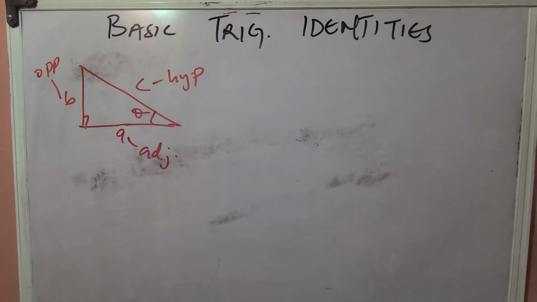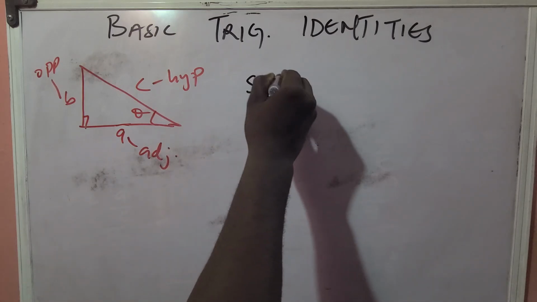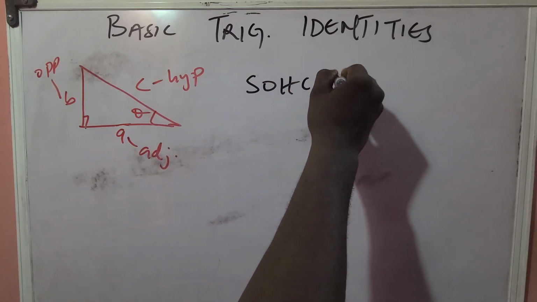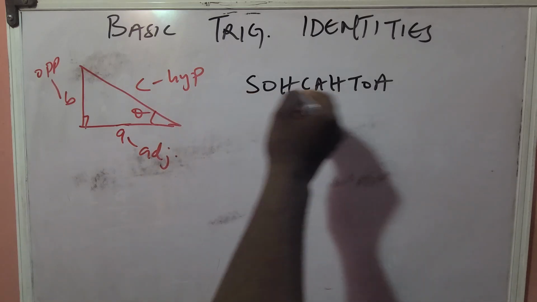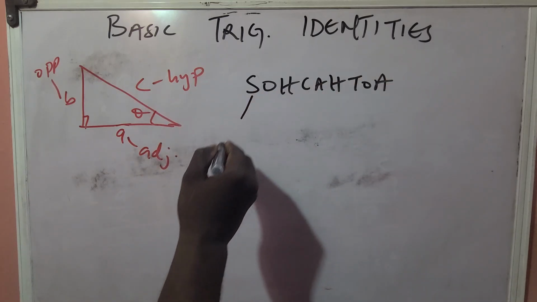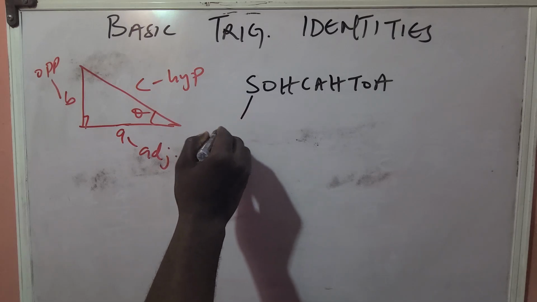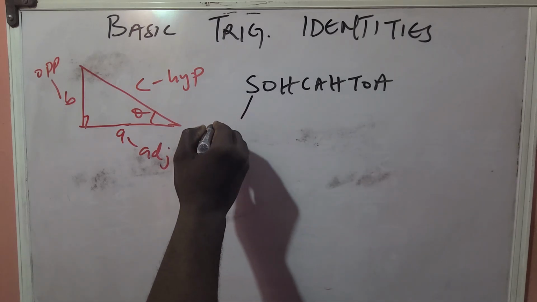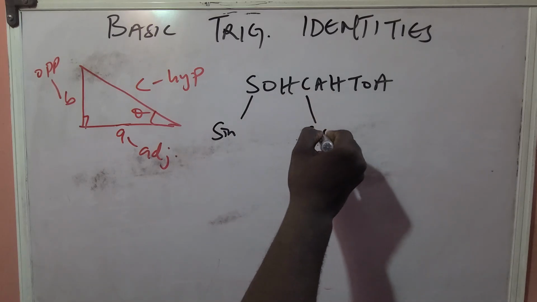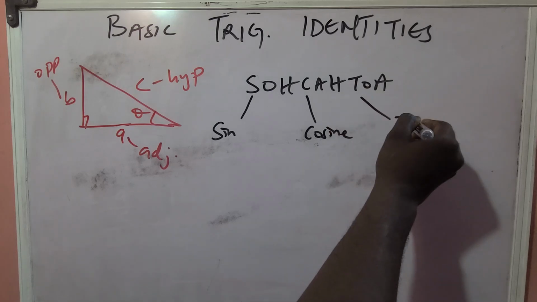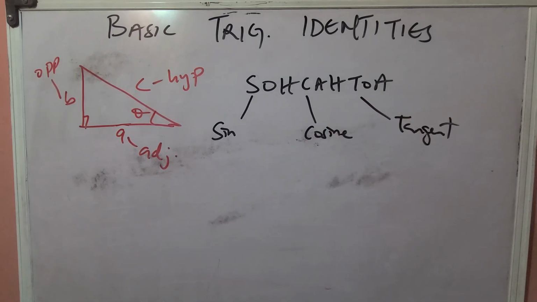Now, let's try and walk through our trigonometry ratio, which I believe we all know, the SOHCAHTOA. Obviously, it's short for representing how the trigonometric functions are meant to move. So we have the S representing the sine of an angle, the C representing the cosine of an angle, the T representing the tangent of an angle.